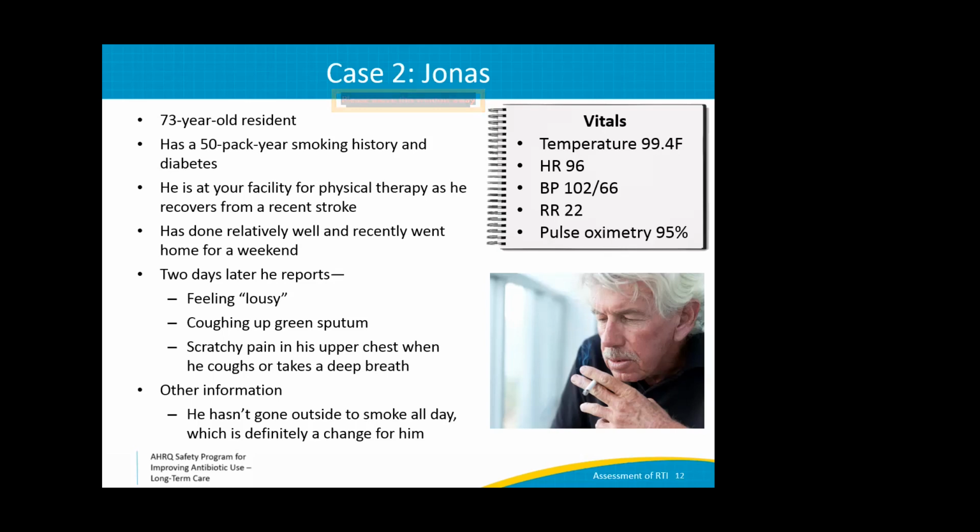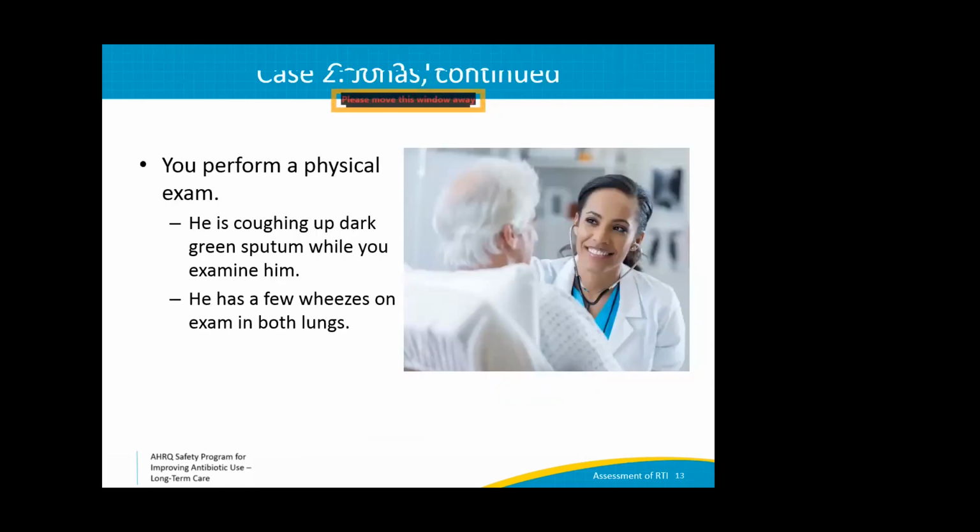His respiratory rate is a little high at 22, and his oxygen saturation is 95% on room air, but this is pretty typical for him, not too different from his baseline. So you examine him further and notice that he's coughing up dark green sputum all throughout the examination, and he also has some wheezes in both of his lungs when you listen on exam.